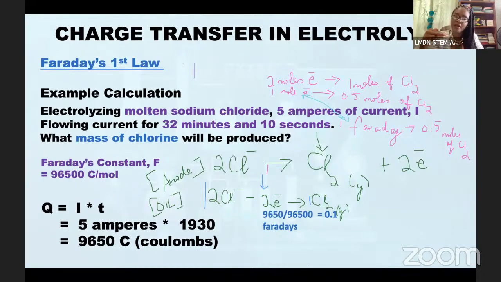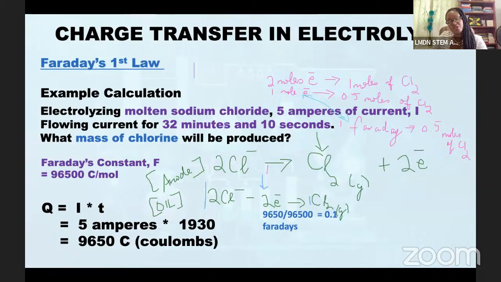But as we said earlier, we only have 0.1 Faradays. 1 Faraday is going to give us 0.5 moles of chlorine molecule, but we only have 0.1 Faradays. So how many moles of chlorine are we going to get from that? Let's start there. And once you get that mole, you convert that to mass, and that's your answer. So anybody wants to take that and run with it for me? 1 Faraday gives us 0.5 moles.